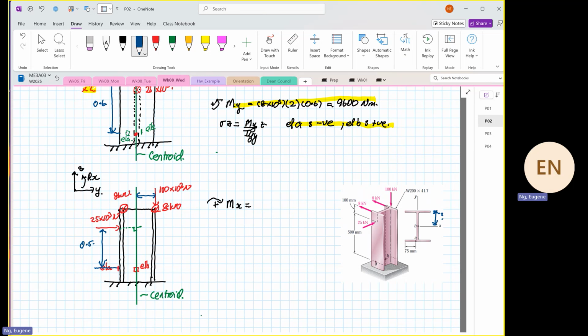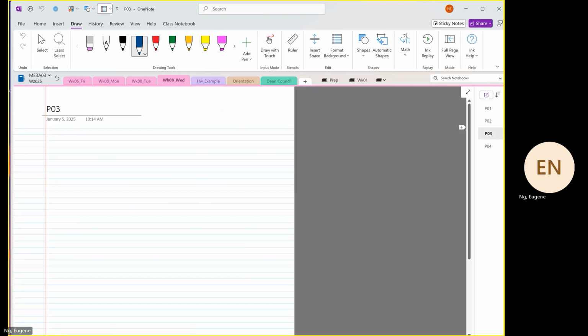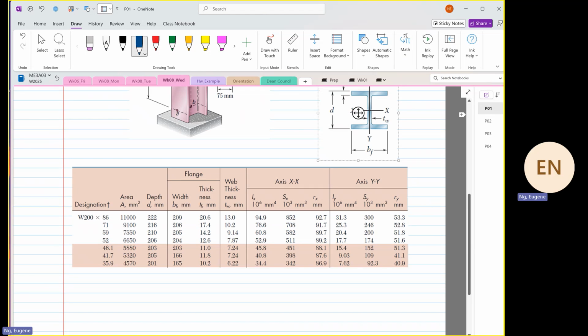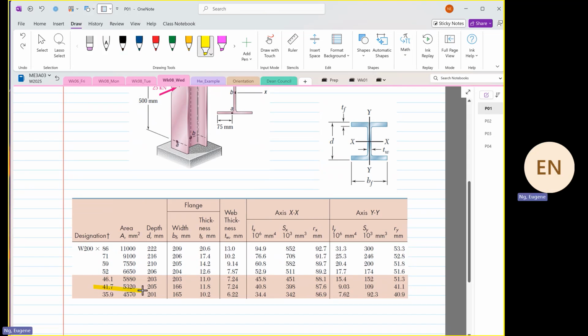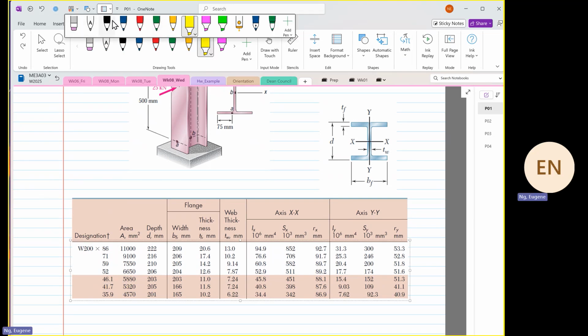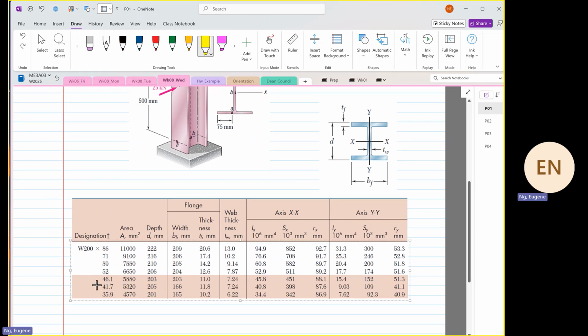When we acquire it from the table, we need to find what our D is. The one we're going to use, I'm going to highlight it. Undo one again. The one we're going to use is this data over here.